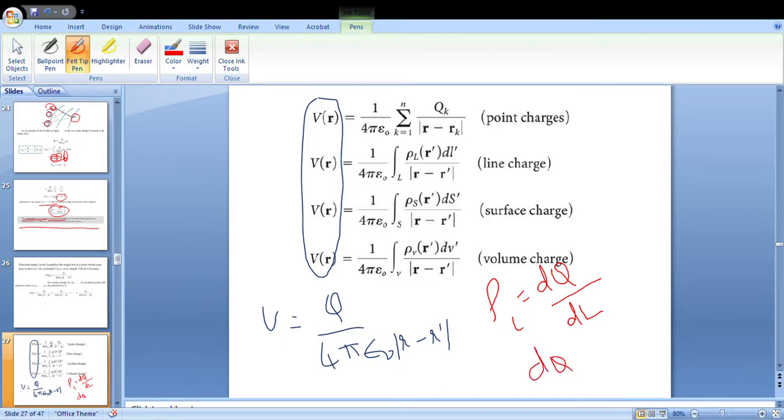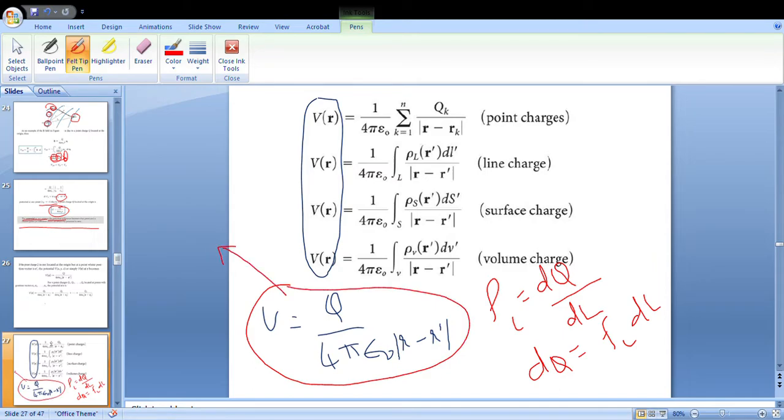We get dq is equal to rho l into dl. Now in this equation, if I differentiate on both sides, I get dV is equal to dq divided by 4 pi epsilon naught into the modulus of r minus r dash.